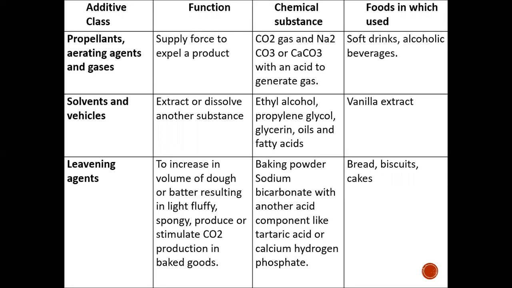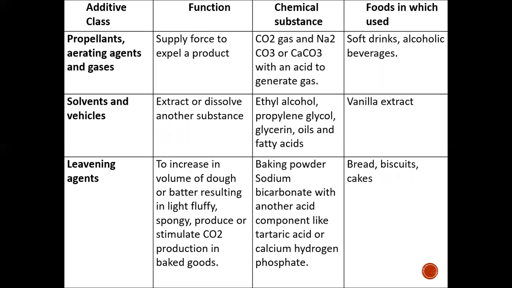The next one is solvents. Sometimes certain flavors are not soluble in water. For example, when you're extracting vanilla. Vanilla is a flavor, right? It is extracted from the vanilla plant, which is not soluble in water.